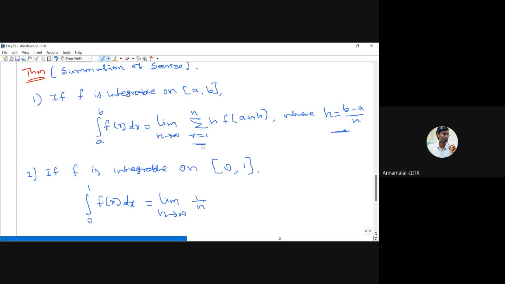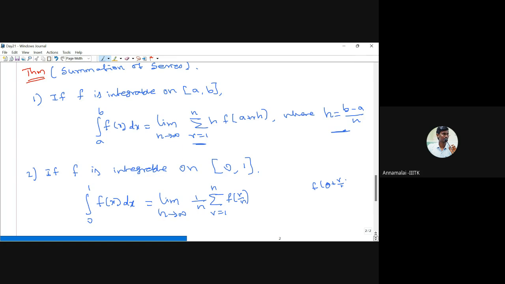Since the summation is independent of n, you can take 1/n outside. Summation r equal to 1 to n. Now what is f(a + rh)? Here a is 0, so that is r/n. So f(r/n).